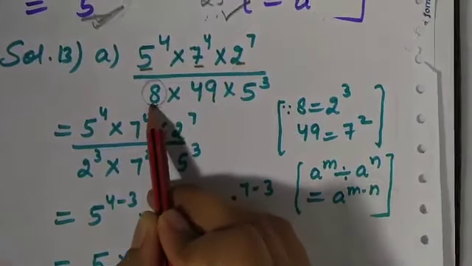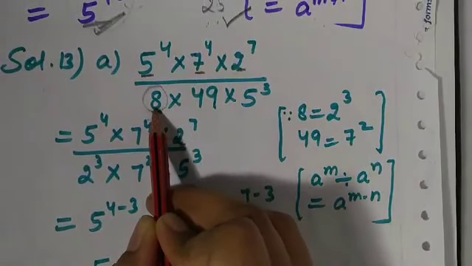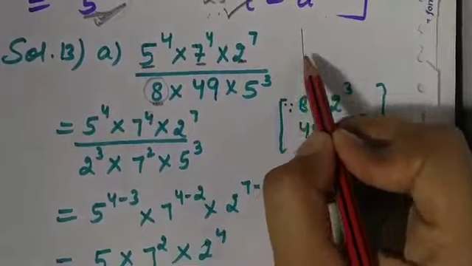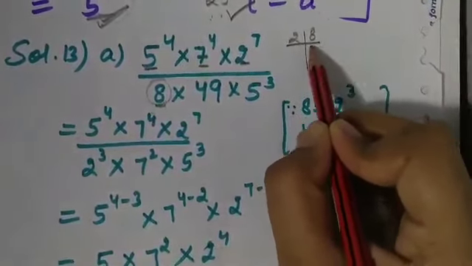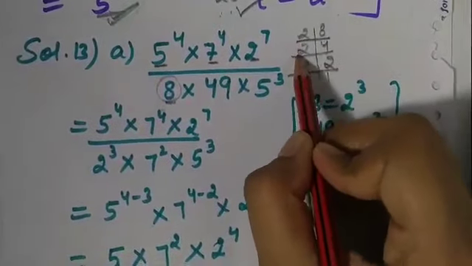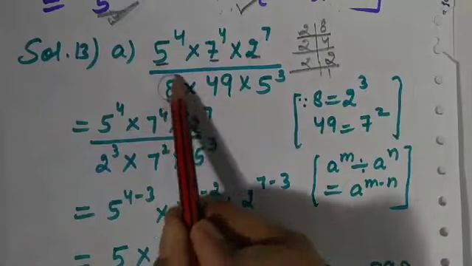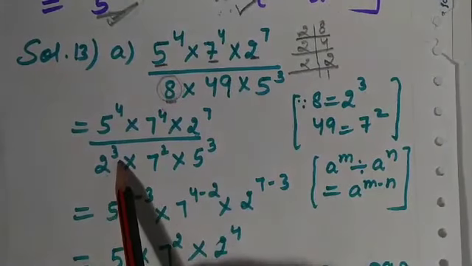For that I have to take the prime factorization of that number. So the prime factorization of 8 is 2, 2, 2. This can be written as 2 into 2 into 2, and that is the same as 2 raised to the power 3. So in place of 8 I will write 2 raised to the power 3.